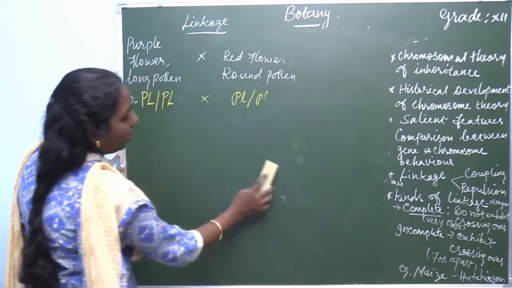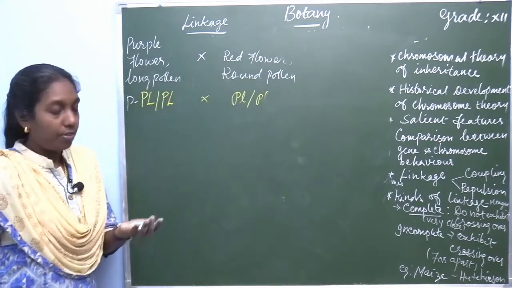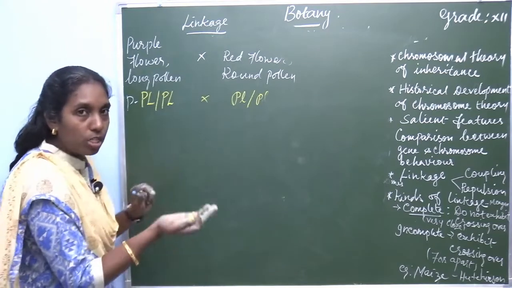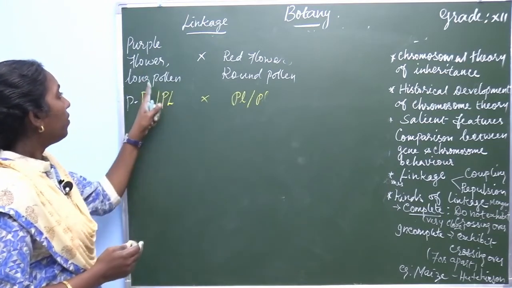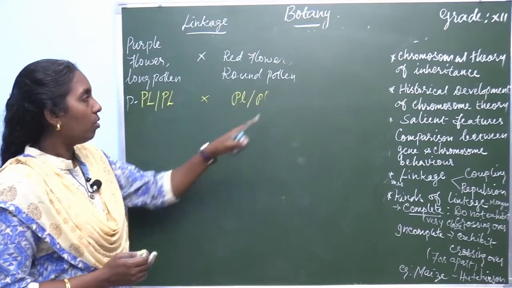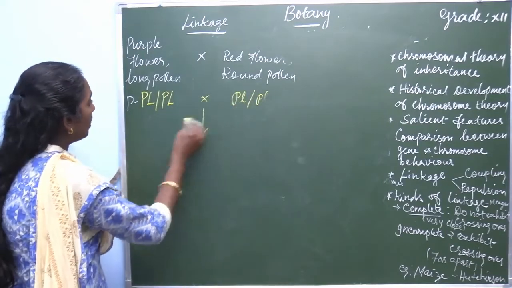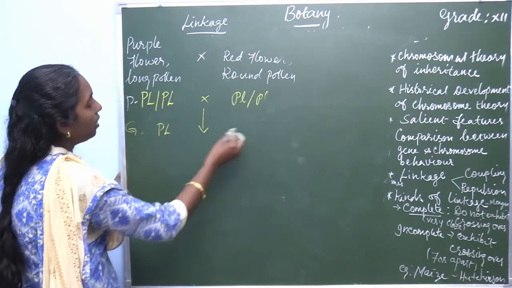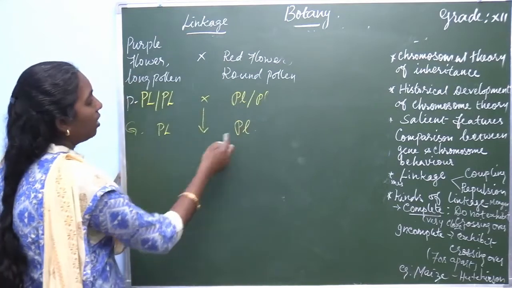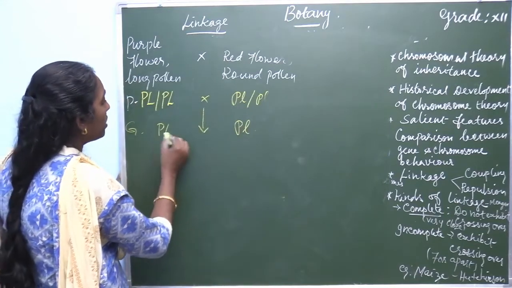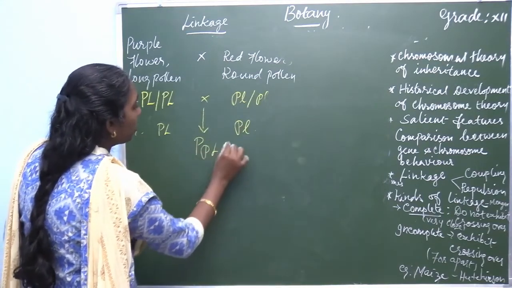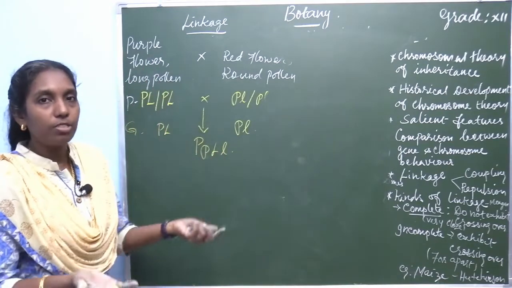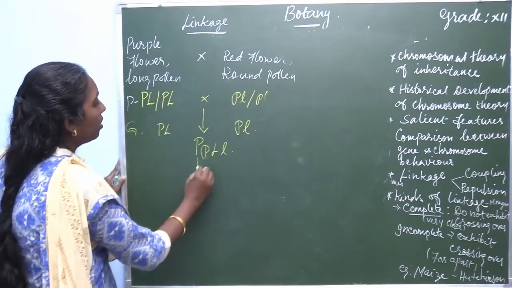In coupling, first in the F1, when you make a cross between purple flower with long pollen and red flower with round pollen, these are the parents. Take out the gametes: capital P, capital L, and small p, small l. So in the F1 generation, it produces capital P, capital L, small l, that is purple flower with long pollen. This is a hybrid.